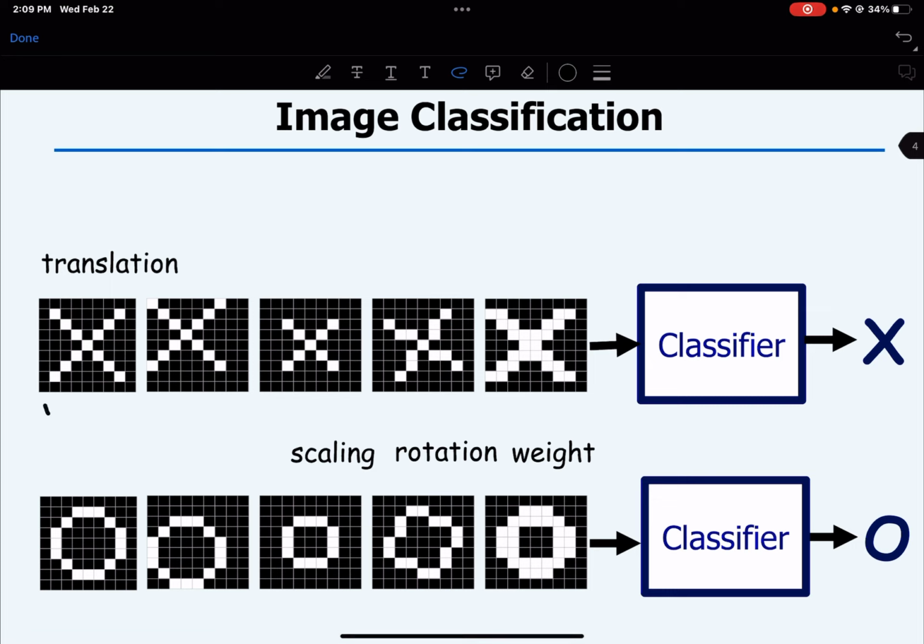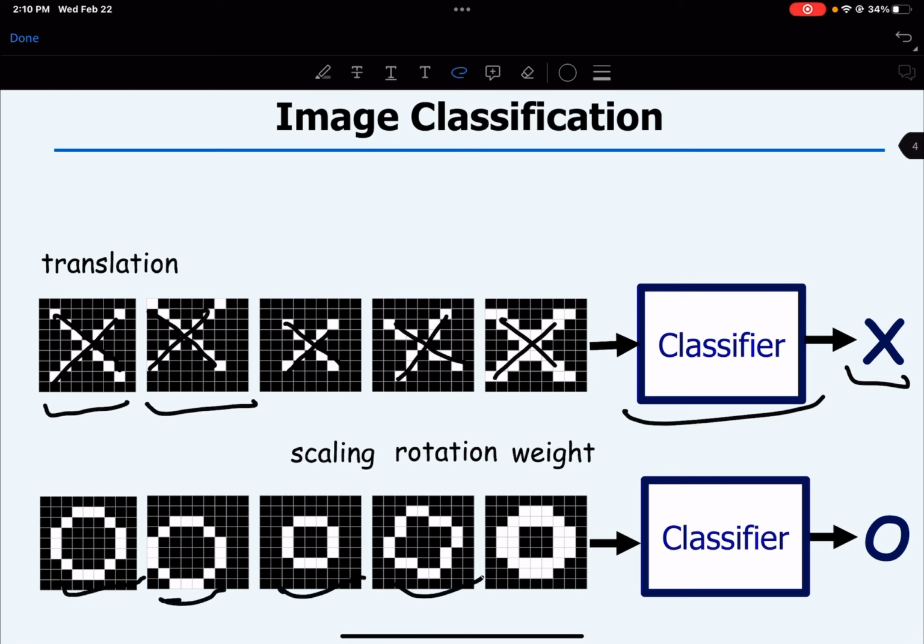What about if that image is translated? It is shifted. So this is the original image, then it is shifted to the left, then it is reduced in size, and then we have a distorted version, a different version of our X, and our classifier has to identify all of them as X. Then we have an example where our image is rotated, or it could be scaled, right?